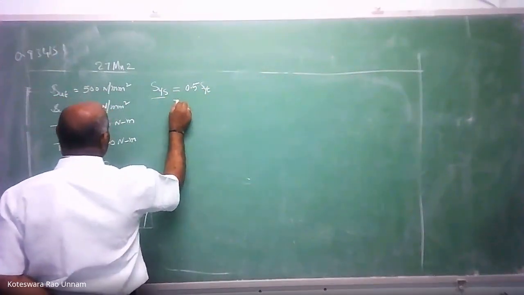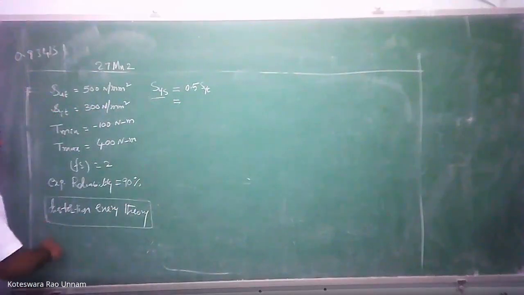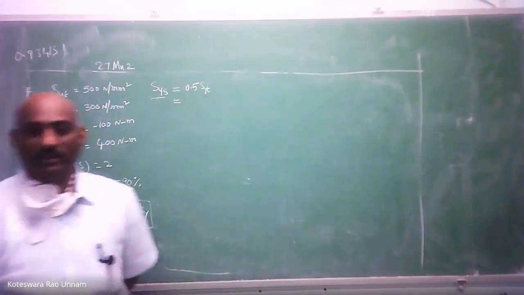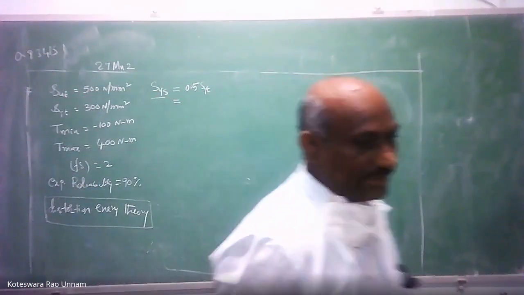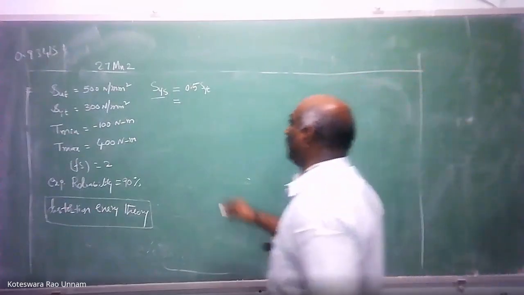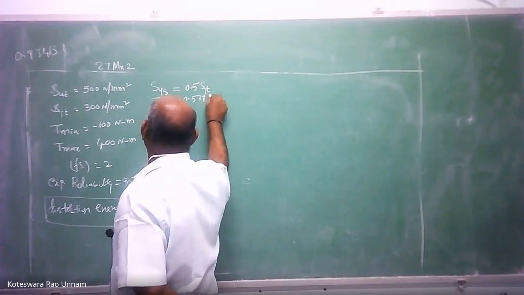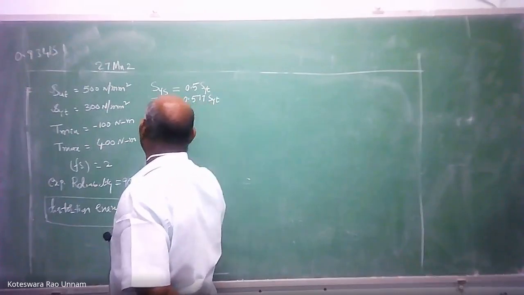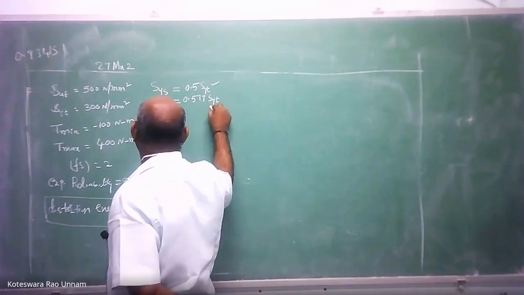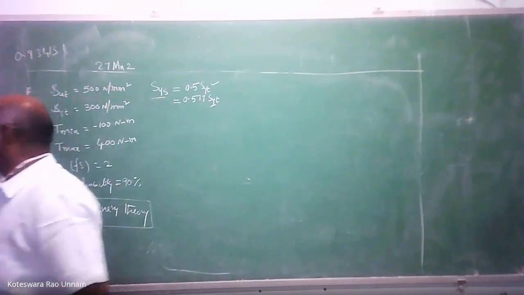Or else, if you use the distortion energy theory, then according to distortion energy theory, your SYS is 0.577 SYT. So, you can use either of these to solve the problem instead of SYT.